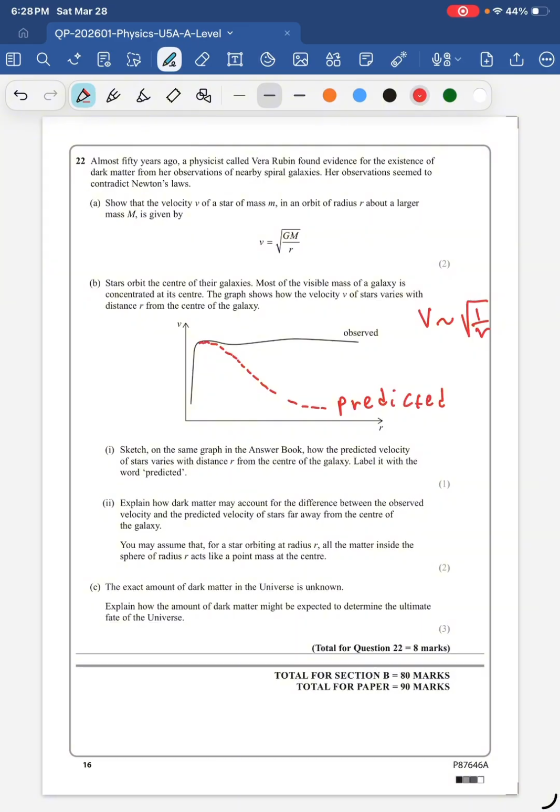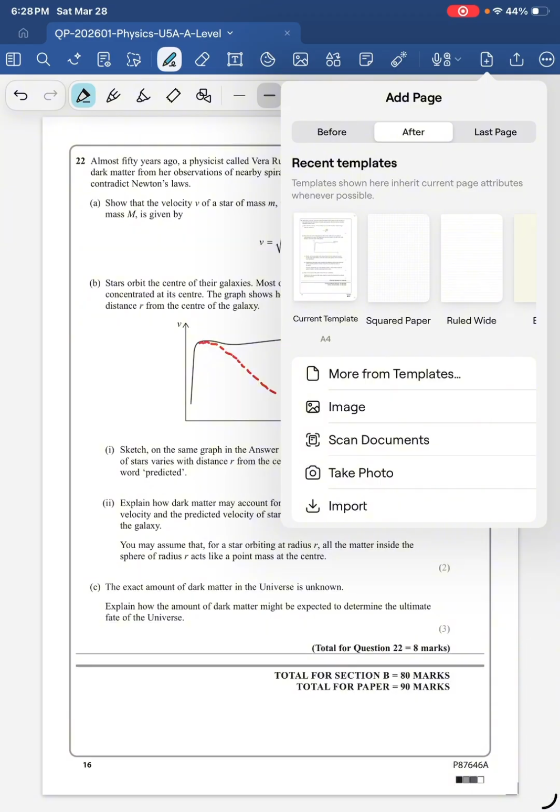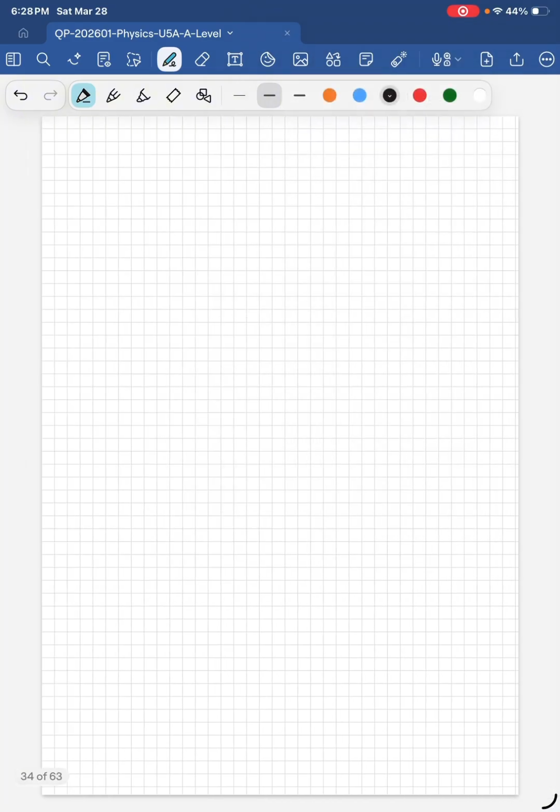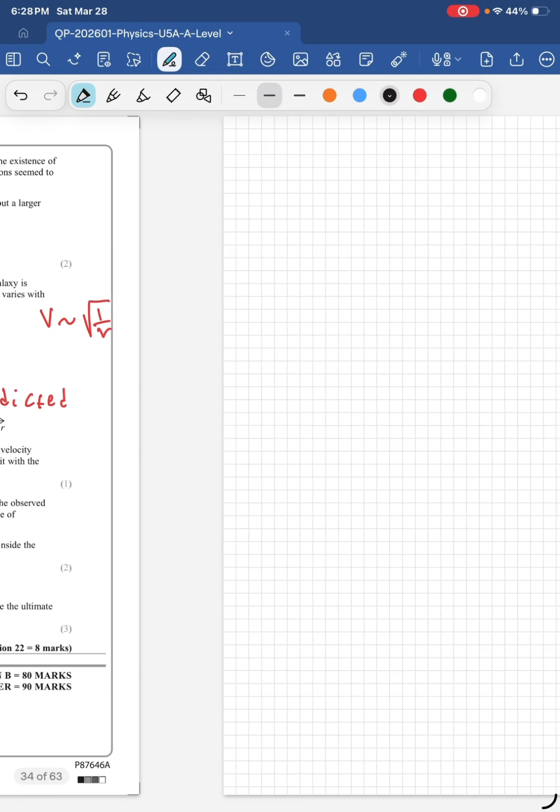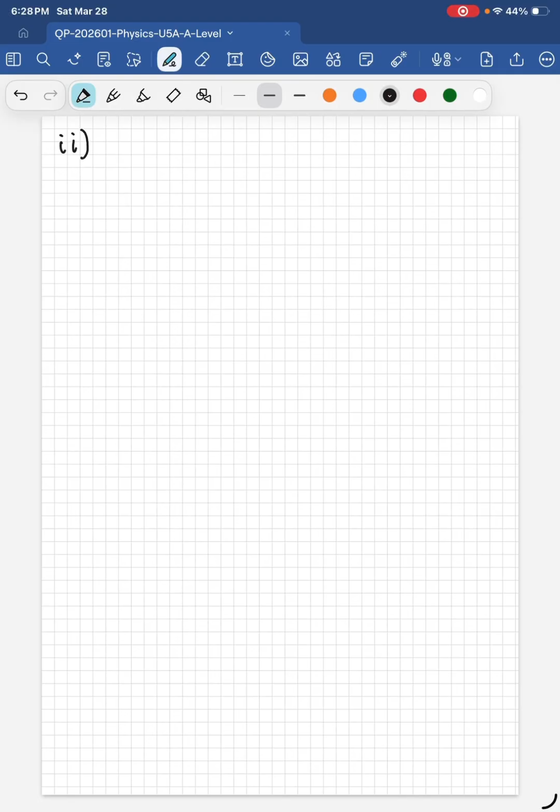Okay, question 2. Explain how dark matter may account for the difference between the observed velocity and the predicted velocity of stars far away from the center of the galaxy. You may assume that for a star orbiting at radius r, all the matter inside the sphere of radius r acts like a point mass at the center. So we can write that, this is question 2.